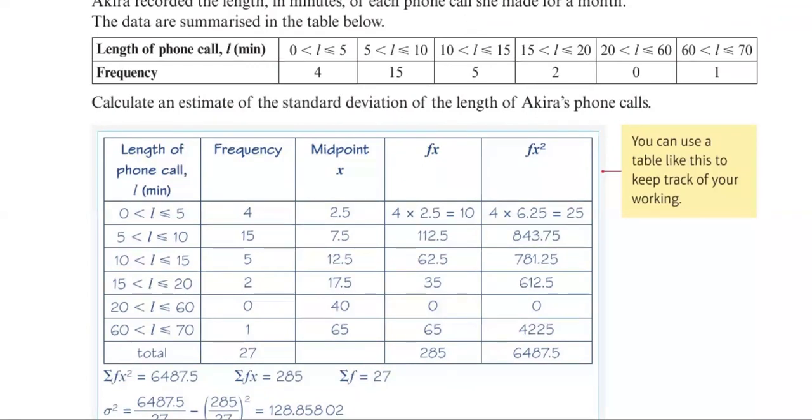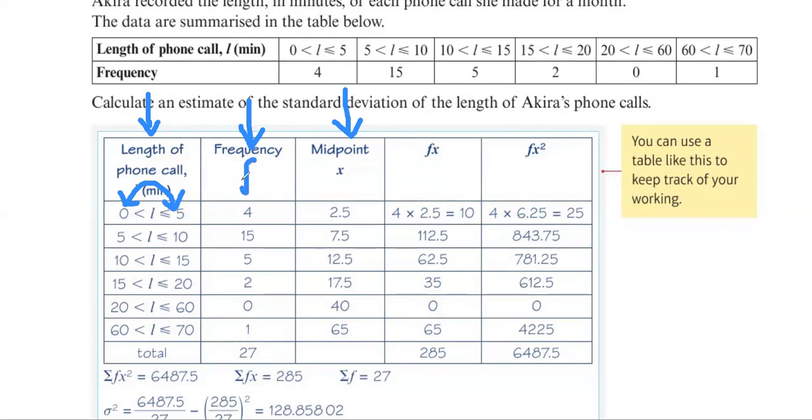First one is class interval. Then you can put frequency. Then you have to find midpoints using class intervals. 0 plus 5 divided by 2, like that. You can put midpoints. Then fx.